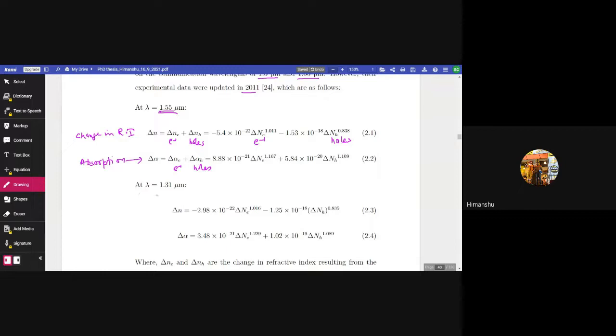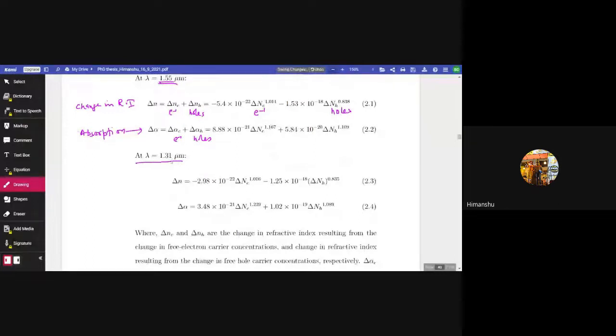Also, this change in refractive index and absorption varies with the change in concentration at different wavelengths. So another wavelength is taken, that is wavelength equals 1.31 micrometer.